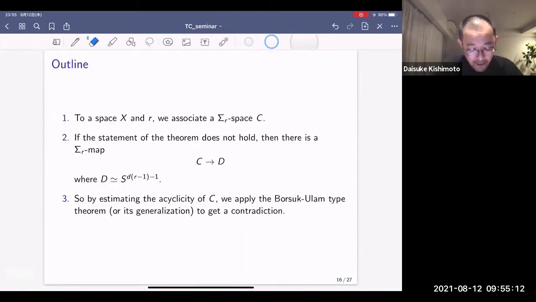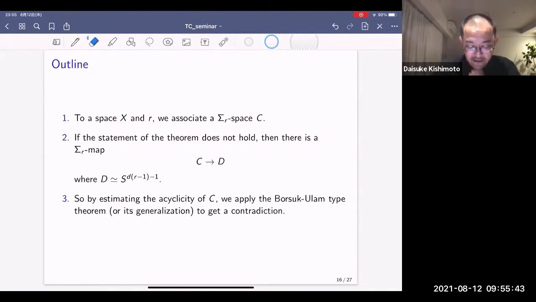The first step is to construct a space C from a given space X, and we show that there is a sigma R action on C. Sigma R is the symmetric group on R letters.